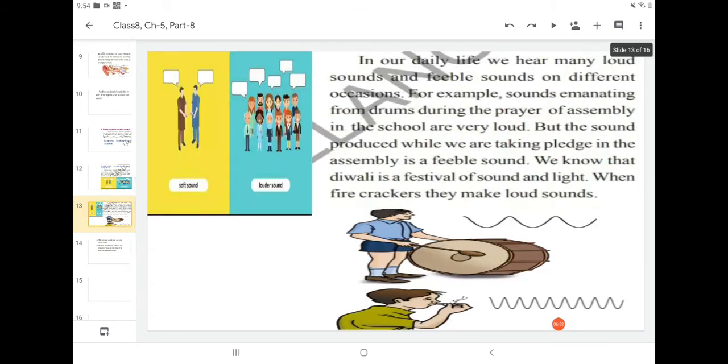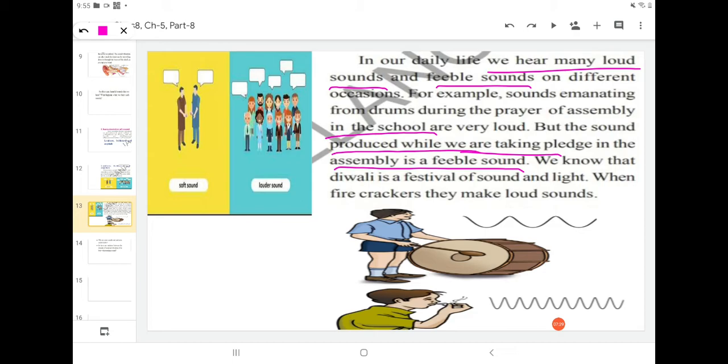In our daily life, we hear many loud sounds and feeble sounds on different occasions. For example, sounds emanating from drums during the prayer in the school assembly are very loud. But the sound produced while we are talking in the assembly is feeble.